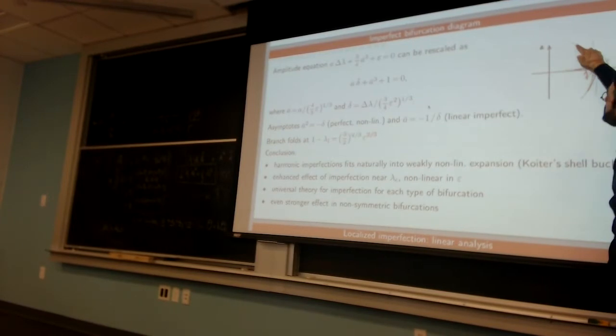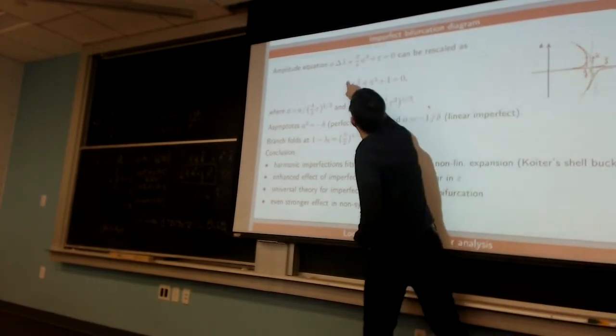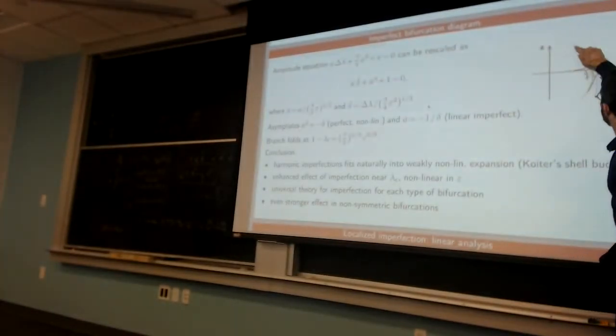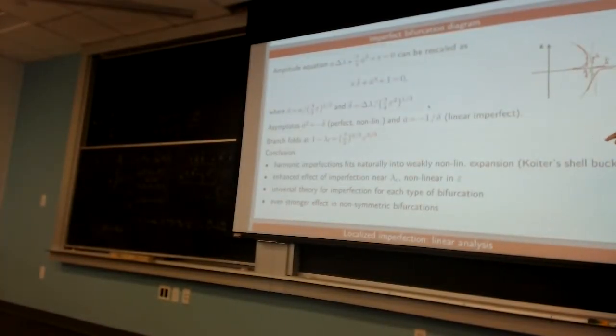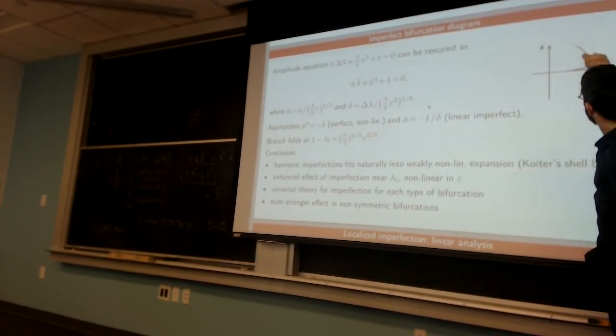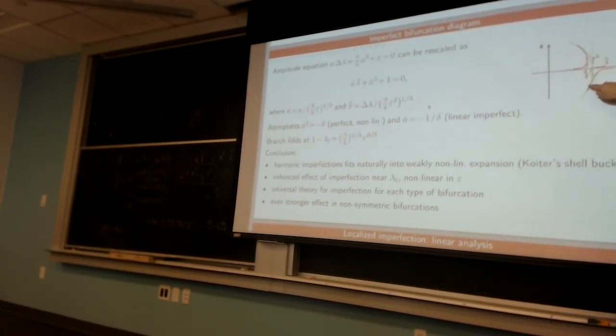You have this green branch, which is the parabola predicted by the perfect nonlinear theory. And then you have this extra curve here, which corresponds to the red curves, which by design matches nicely or tends nicely to the other asymptotes, right?